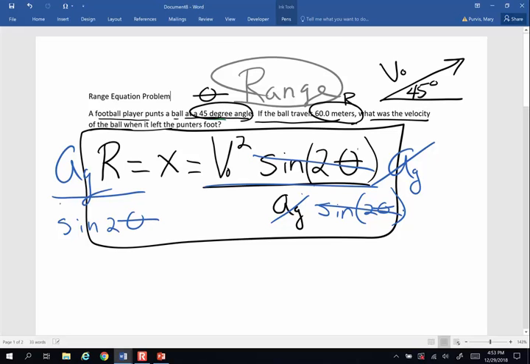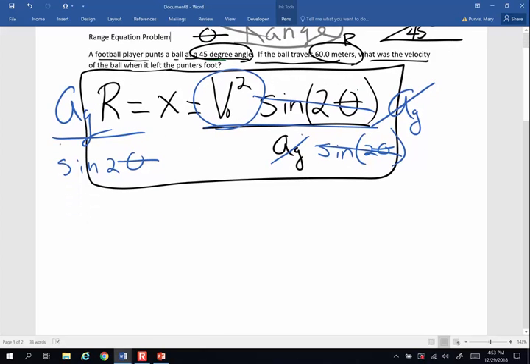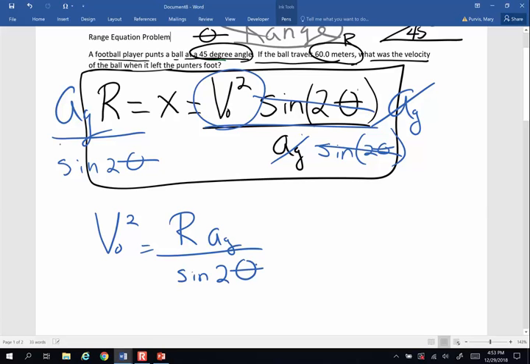That's going to cancel, and that's going to leave me with original velocity squared. So let's simplify this. Original velocity squared is going to be my range times the acceleration of gravity divided by the sine of 2 theta. And how do you undo a square? You undo a square with a square root. So that's going to give me my original velocity off the foot of the punter.